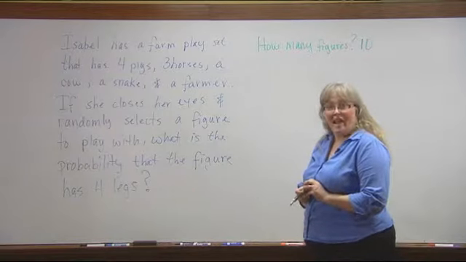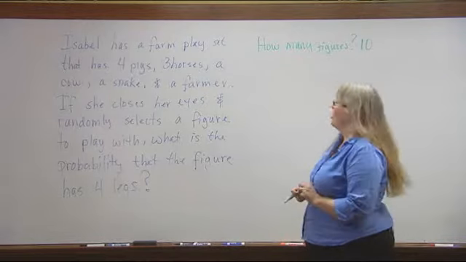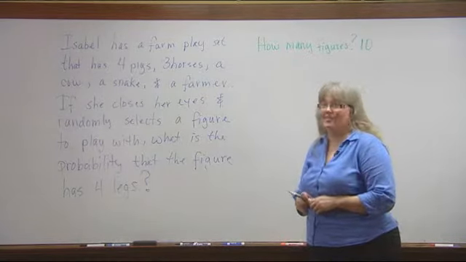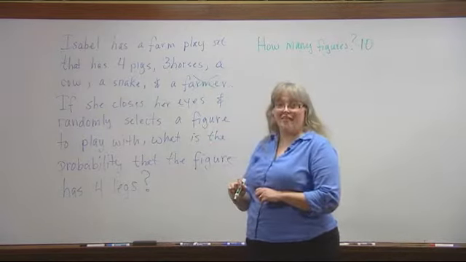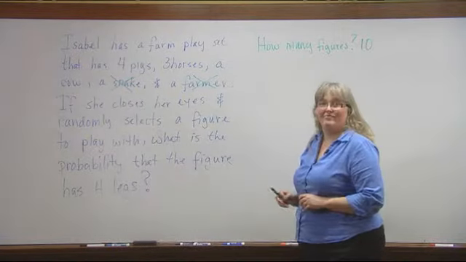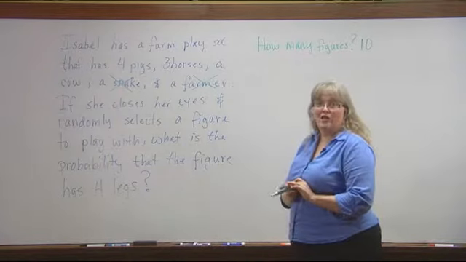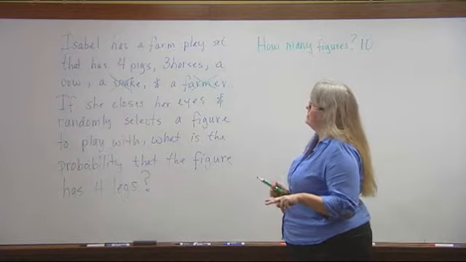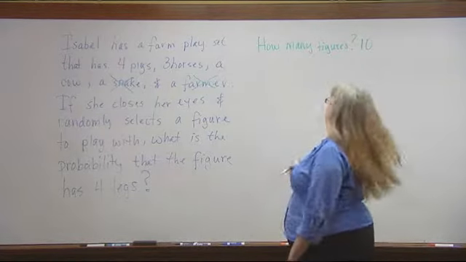Then we need to think about how many of those 10 figures have 4 legs. So I'm going to mark out the kind that don't have 4 legs. So the farmer, I'm presuming, does not have 4 legs, or the snake. So I've taken away 2 of the 10. So there are actually 8 figures in there. 4 pigs, 3 horses, so 4 plus 3 is 7, plus the cow, 8 4-legged creatures.